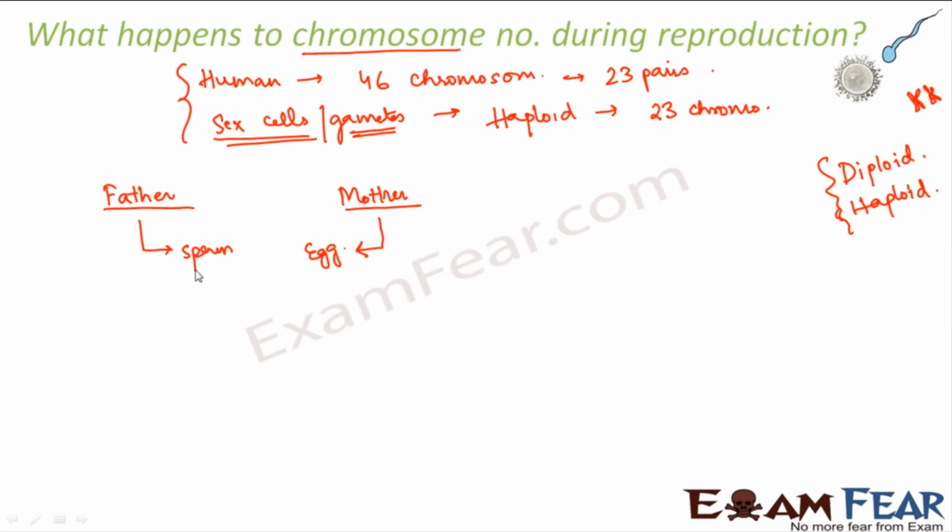Now just now I mentioned, what is this sperm? Sperm is a haploid. Right? Now what will the sperm consist of? If you look at the father's body, in each and every cell, I'm just talking about any cell inside the body, any cell will consist of 46 chromosomes, right?